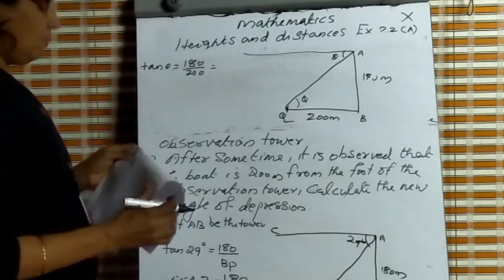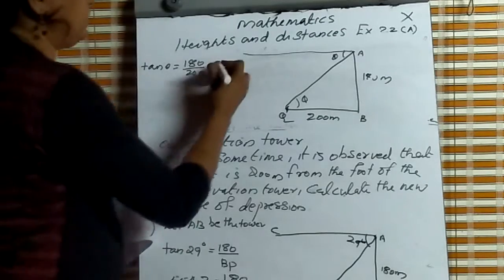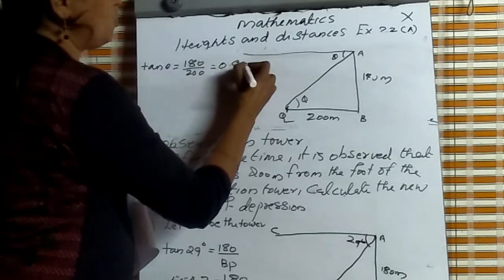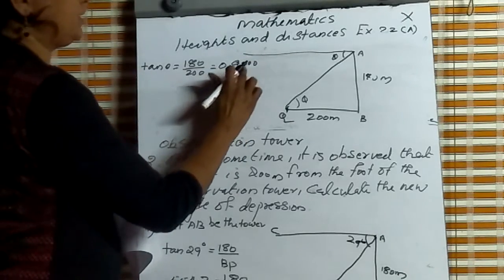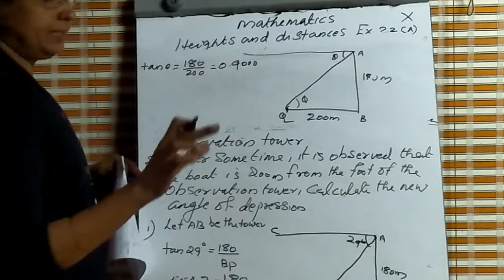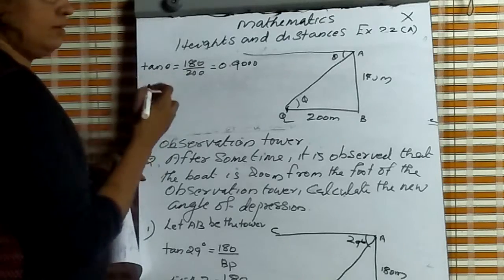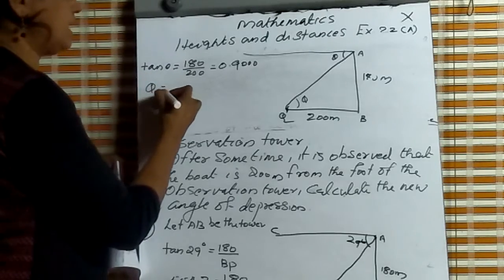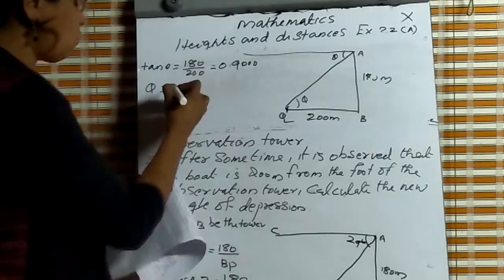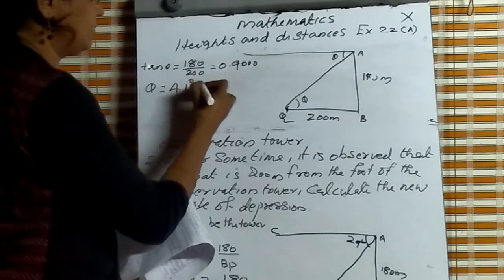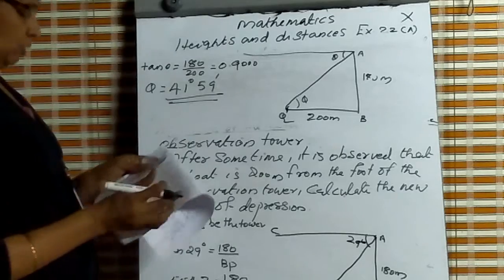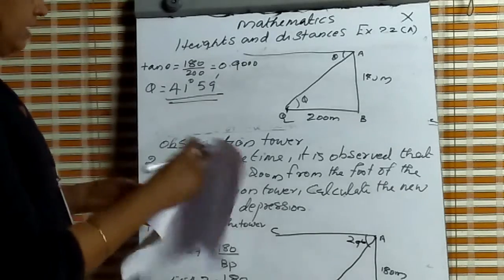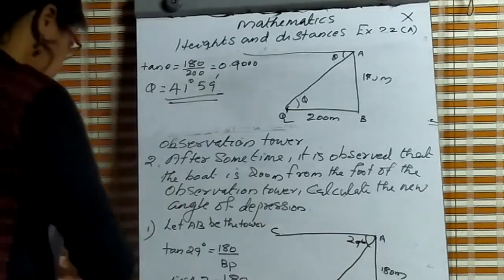We divide 180 by 200, we get 0.900. Tan theta is equal to 0.900. Look at the tan table. We get theta is equal to 41 degree 59 minutes.